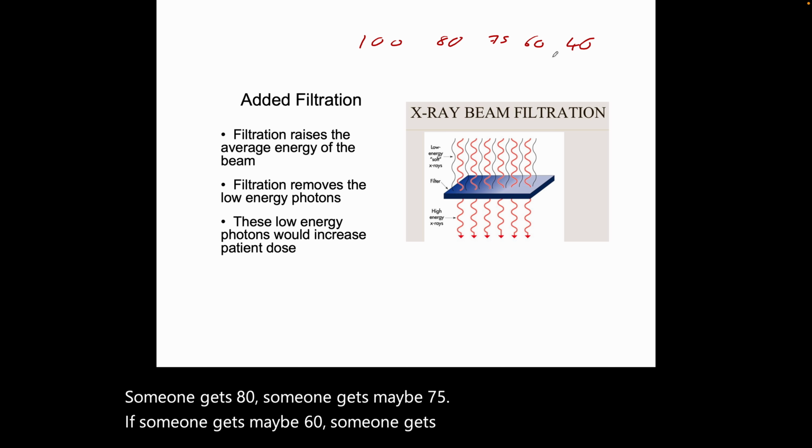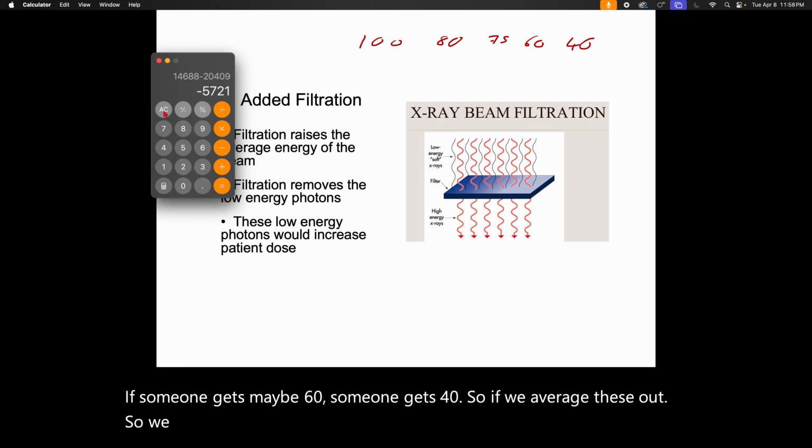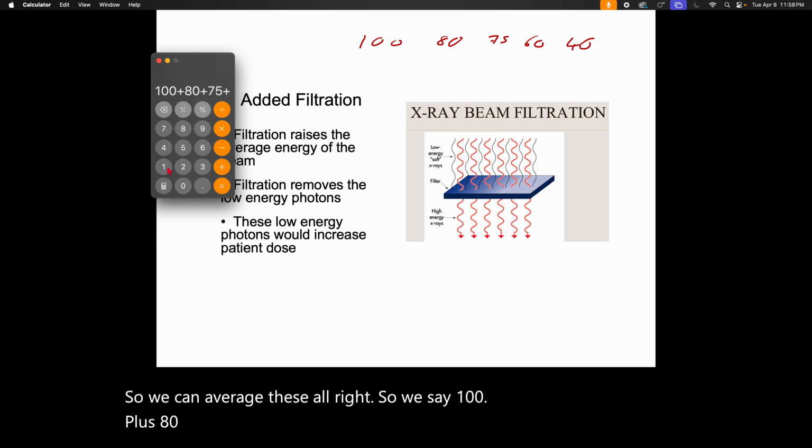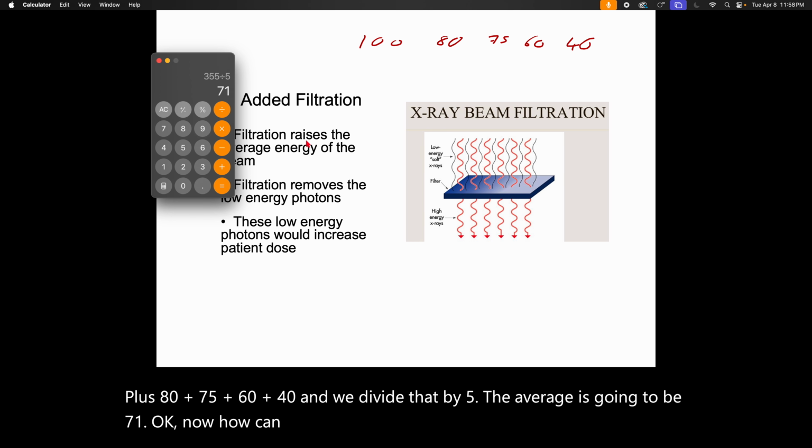If we average these out, we say 100 plus 80 plus 75 plus 60 plus 40, and we divide that by 5, the average is going to be 71.